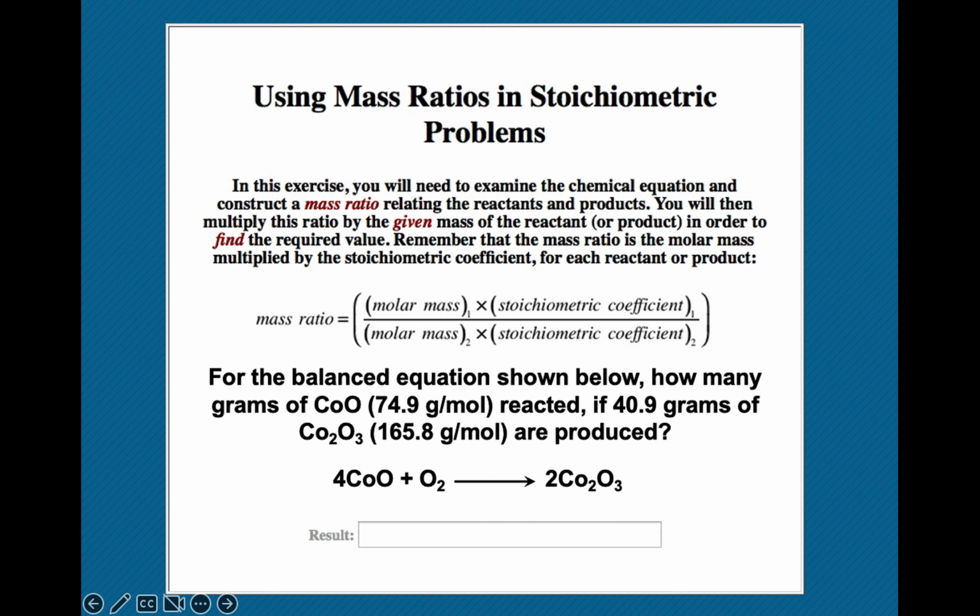Here we have, this is cobalt-3 oxide, and we're getting 40 grams of it. So that's our given, cobalt-3. We look at it, cobalt-2. Right here, we have 4 of them. We have 2 cobalt-3s. That's going to be our ratio.